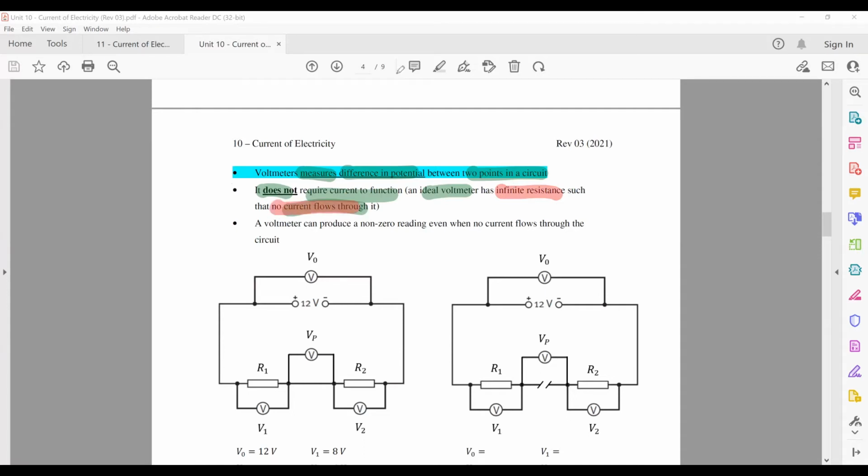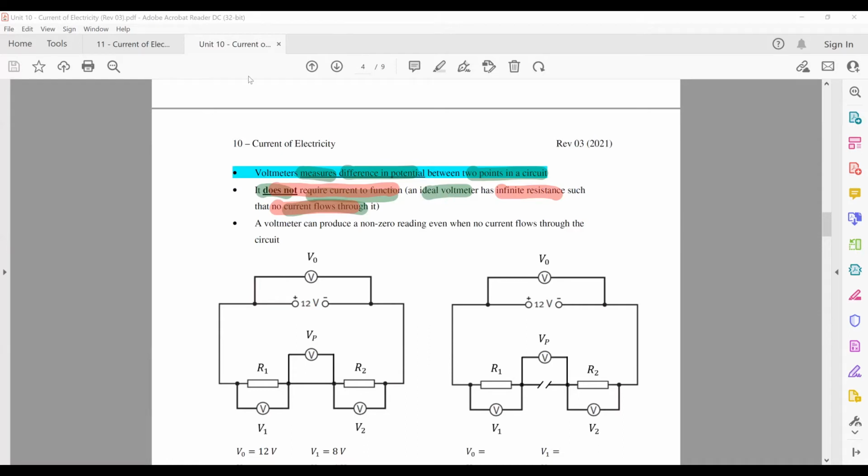Voltmeter does not want current to flow through it. That is one thing that people need to understand first. Voltmeters do not need current to function. You don't need a current for the voltmeter to work. It can work just fine without a current.